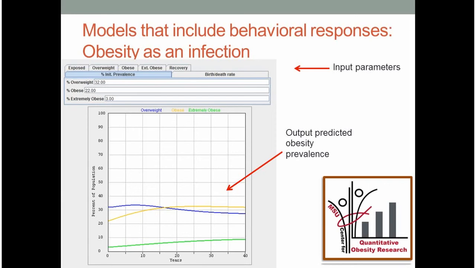You could put in other things and ask what-if questions, like what if I change the birth or death rate, what will happen in that case? You can watch the obesity prevalence curves below change. For example, you would think that individuals born into an obesogenic environment would be a really flexible variable that would impact obesity prevalence, and you find it's not when you start playing around with this number.